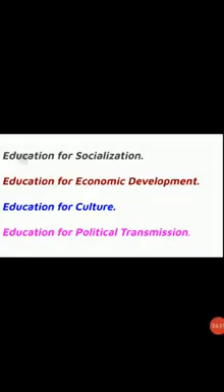Now, education for culture. It is one of the major contents included in the socialistic aims of education. Here, education helps develop our culture.